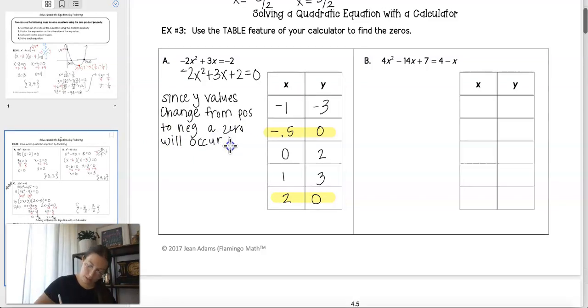And we know there was going to be a 0 in between x equals -1 and x equals 0. So my answer to this quadratic would be -1/2 and 2.